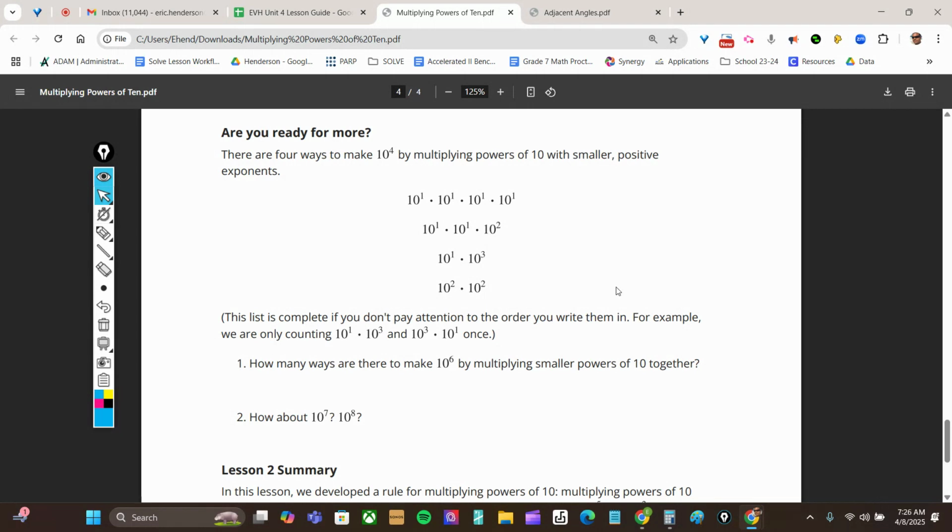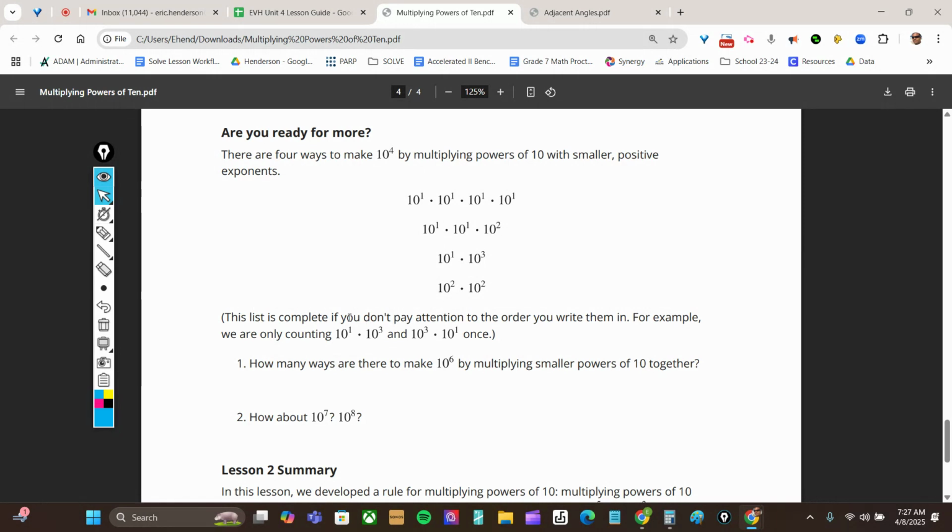Alright, are you ready for more? There are 4 ways to make 10 to the 4th power by multiplying powers of 10 with smaller positive exponents.